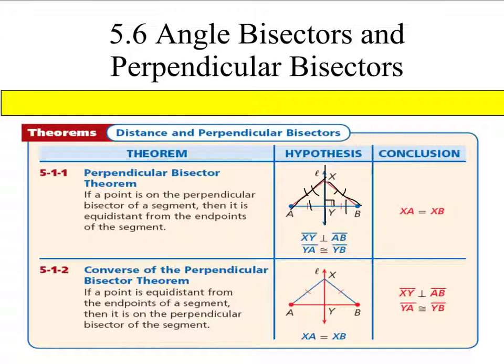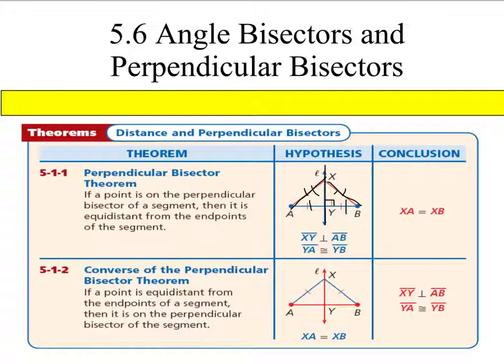Because you know that line is a perpendicular bisector, it becomes a 90-degree angle and it bisects AB. That means that XA and XB are going to be congruent.